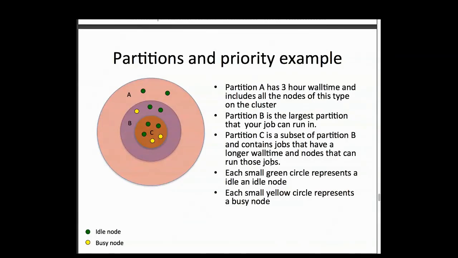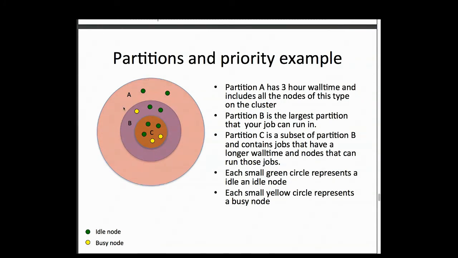We'll go with one more, a further example here. Partitions and priority example. So this is a particularly degenerate case, but it's illustrative of what can happen. So partition A has a 3-hour wall time, and it includes all the nodes on this cluster.